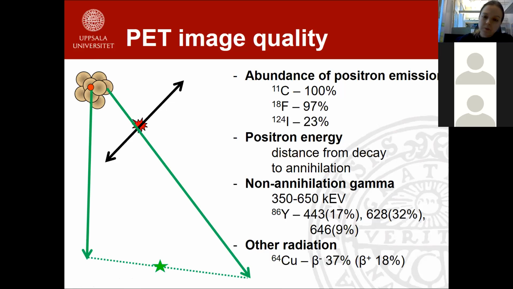There is also another point that is related to this non-annihilation gamma, why it gives big background. So if we think about our radionuclide that decays and produces some gamma, what the detector is measuring is when two simultaneous quanta hit the detector.